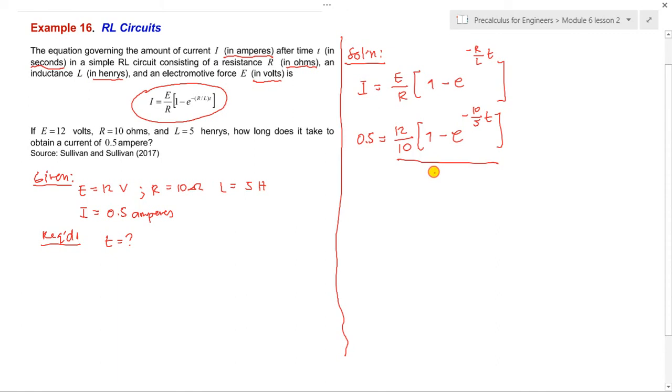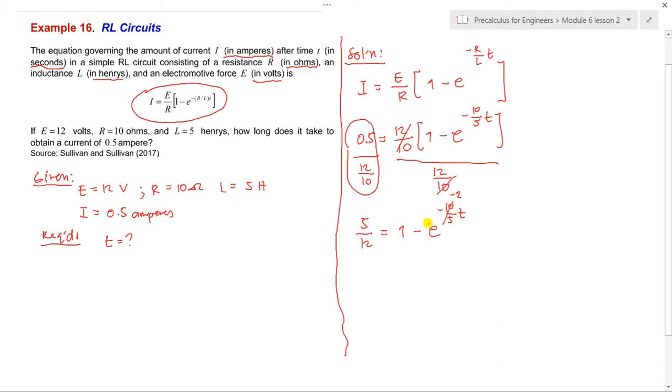We can divide both sides by 12 over 10. Simplifying, 0.5 divided by 12 over 10, the answer is 5 over 12. So 5 over 12 equals 1 minus e raised to negative 10 over 5t, or this is negative 2t, right?